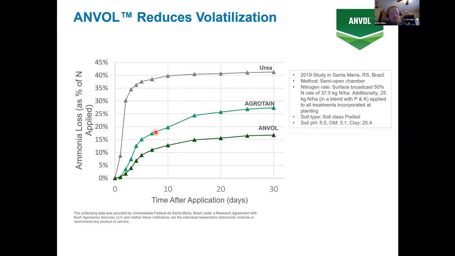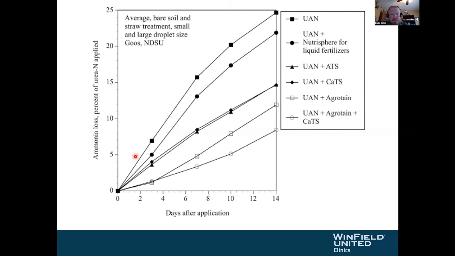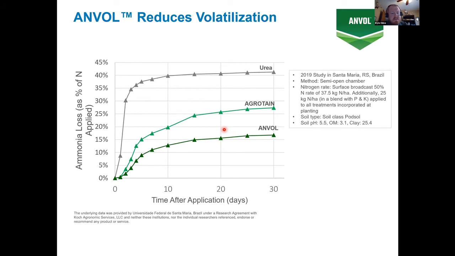But here's that Anvol. We got to see back here how Agrotain, or this NBPT active ingredient, does as far as inhibiting volatility. Now here's another piece of information. This comes from somewhere in South America where Koch did this work.